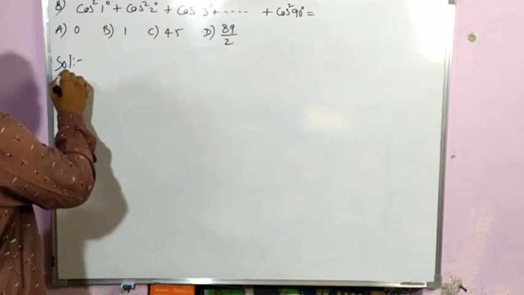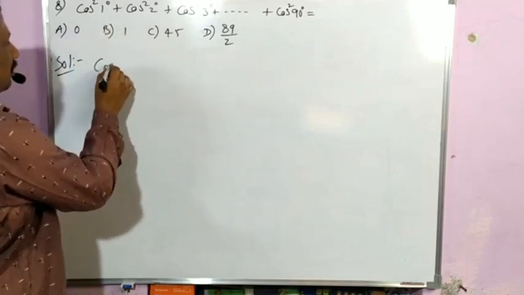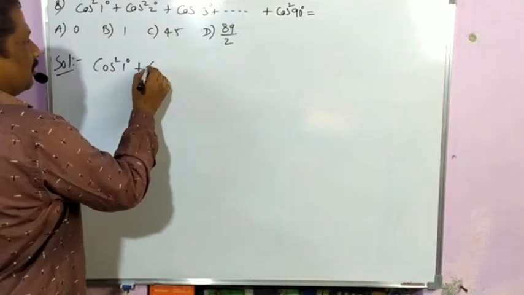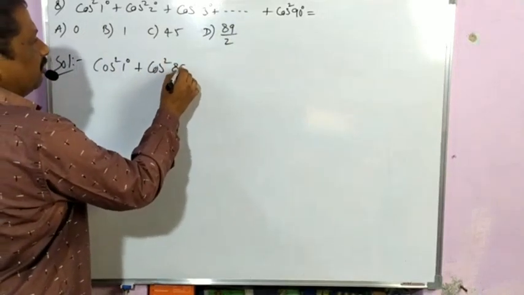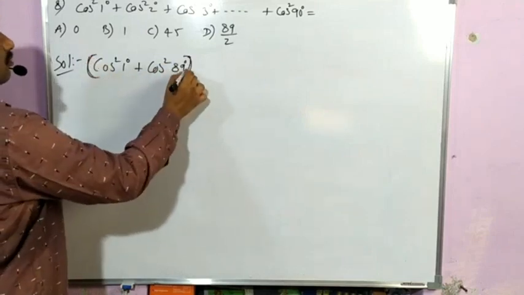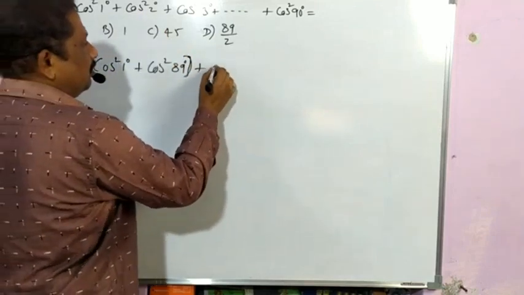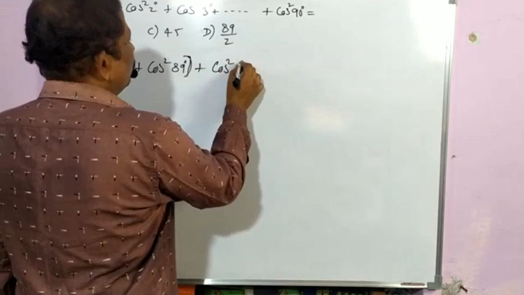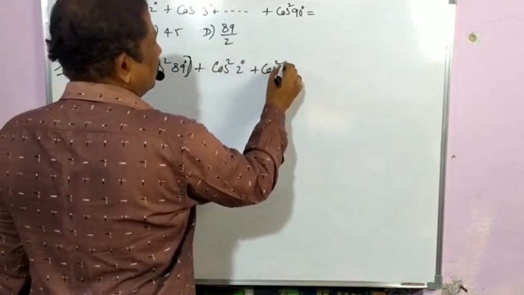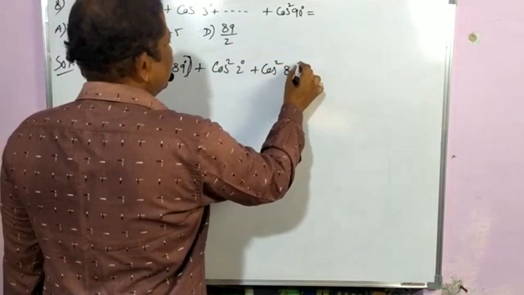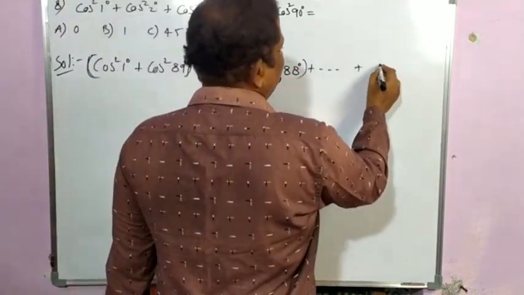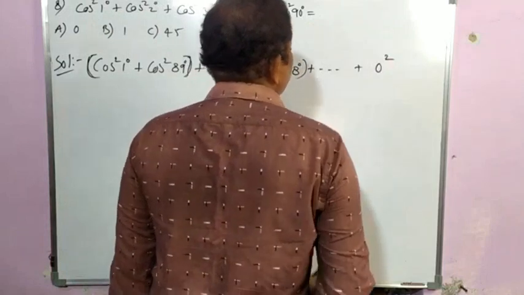Cos square 1 degree plus cos square 89 right here. Okay, first one is over. Next, cos square 2 degrees plus cos square 88 degrees plus so on, plus cos 90 will become 0.